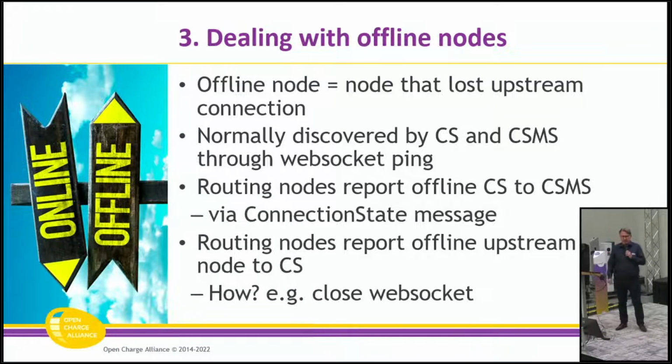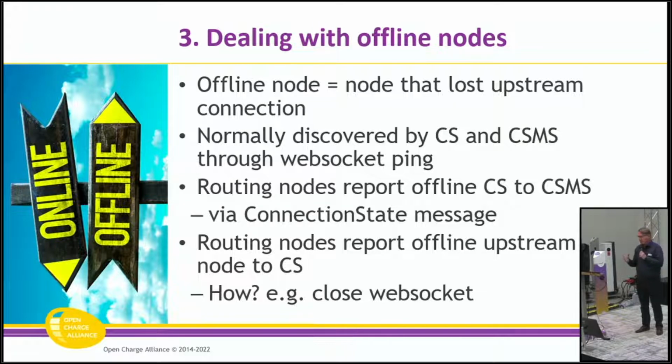And so you can tell other routing nodes where there is an offline situation, but you cannot tell the charging station, because the charging station is not routing aware if you have a regular charging station. So if somewhere in the network the connection with CSMS is lost, you can either, at the lowest level, disconnect the WebSocket with the charging station, then the charging station knows it is offline, or you can decide to locally handle the situation.